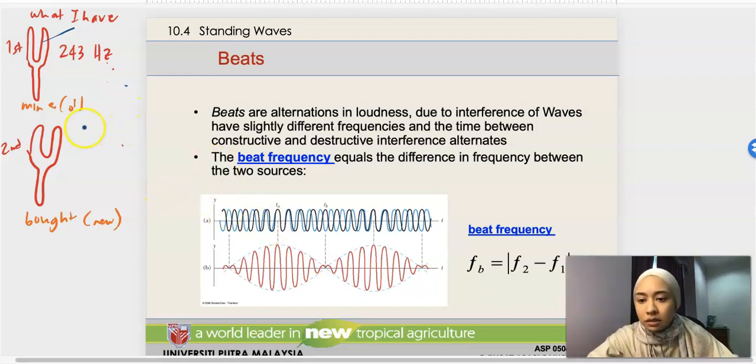While this one is ringing, I also do it on the second tuning fork, so it goes ting as well. Now, if they both have the same frequency, I will hear a steady ting, both of them resonating at the same frequency. But now I'm hearing ting, ting, ting, ting, ting. There is an alternation in loudness.